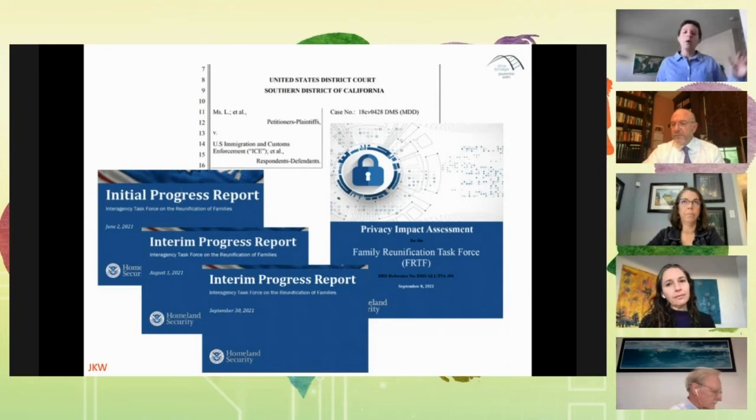Now that PIA walks through the fair information practice principles, it walks through the risks that they think are involved with the data that they are collecting, but doesn't mention the possibility of DNA data being involved in this process, or even that it was considered.